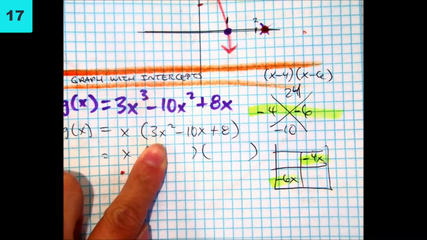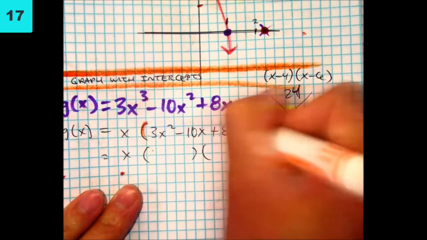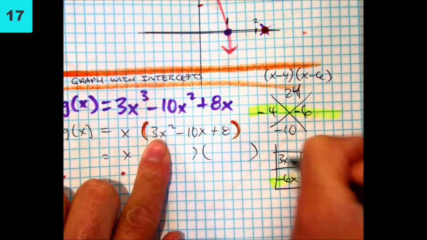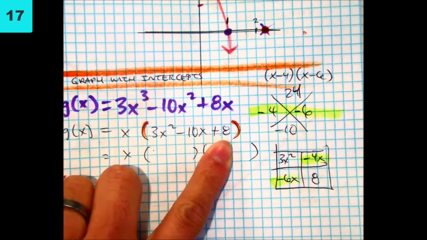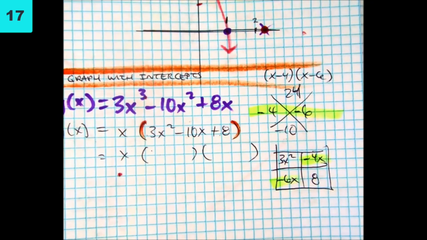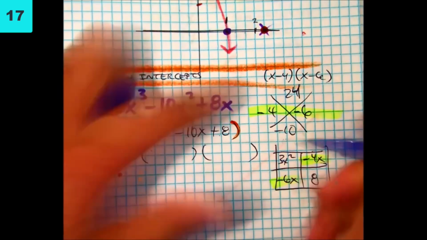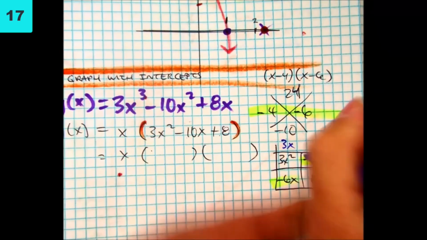Did you guys notice where I'm looking? I'm looking inside the parentheses. So I have 3x squared, and the last term is 8. Class, what is the GCF of this column? 3x. How about this row?